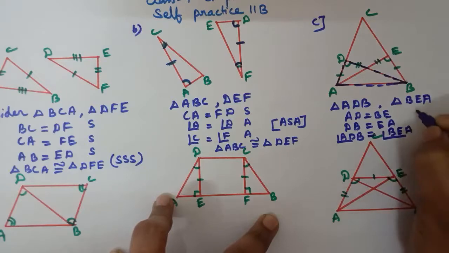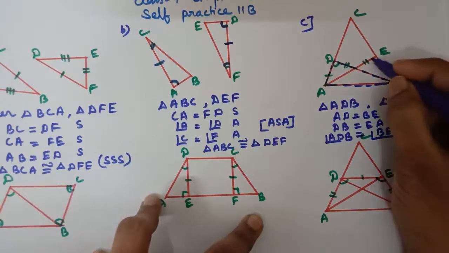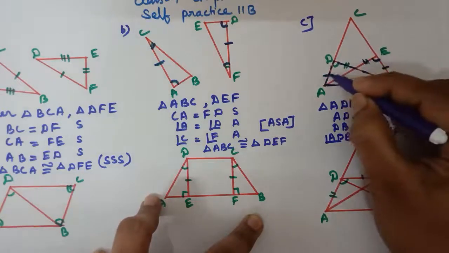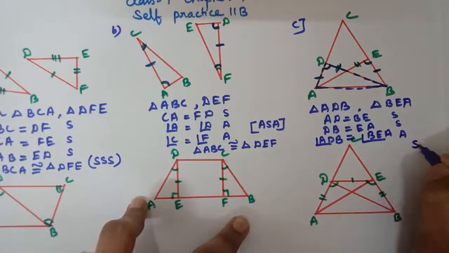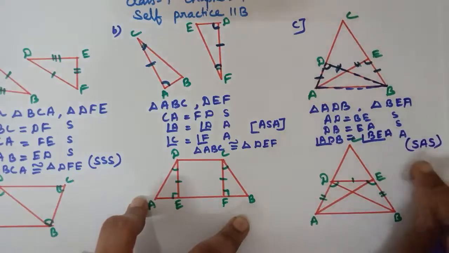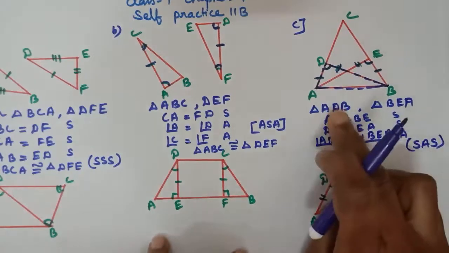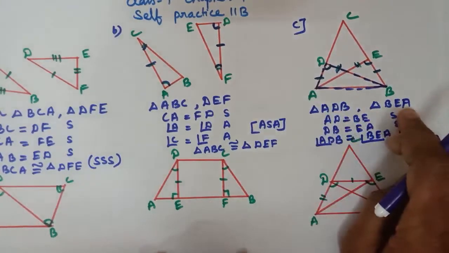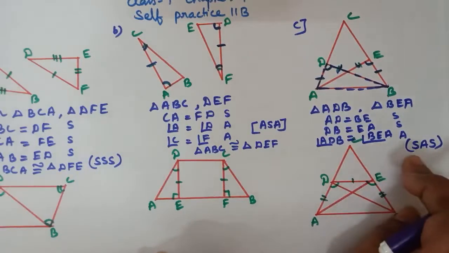So this is side, this is side, this is angle. Now look at this figure. Side, angle, side. So by using the SAS congruence rule, we can say triangle ADB is congruent to triangle BEA. At last you have to write triangle ADB is congruent to triangle BEA. Is it clear?